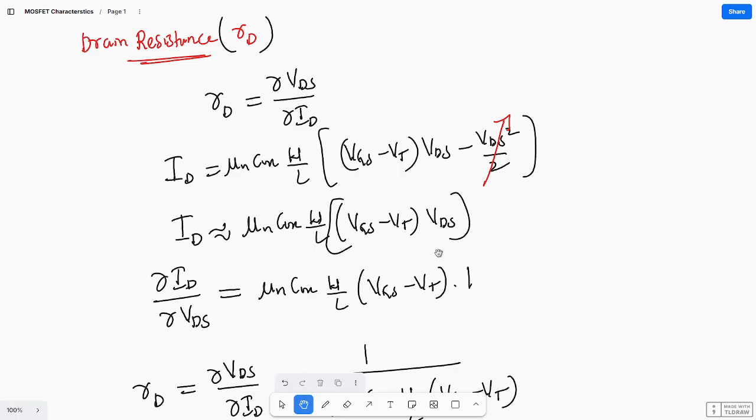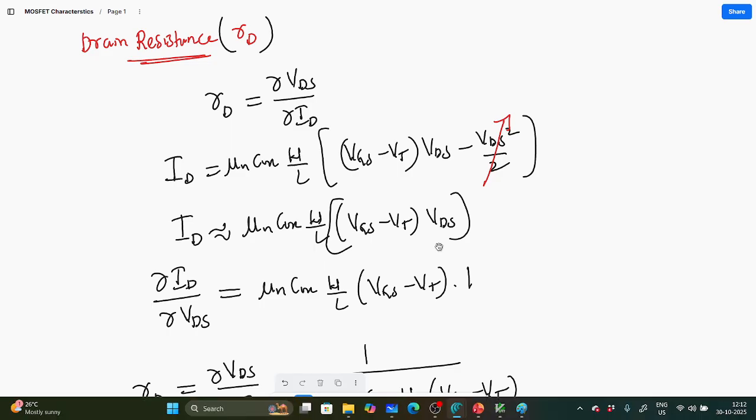Here the channel forms due to electrons, there due to holes. The drain current is positive in the enhancement NMOS, and in the PMOSFET you give negative. Normally the characteristics for the enhancement MOSFET are in the first quadrant, but here both are negative, so you get them in the third quadrant. We'll discuss that in the next session.